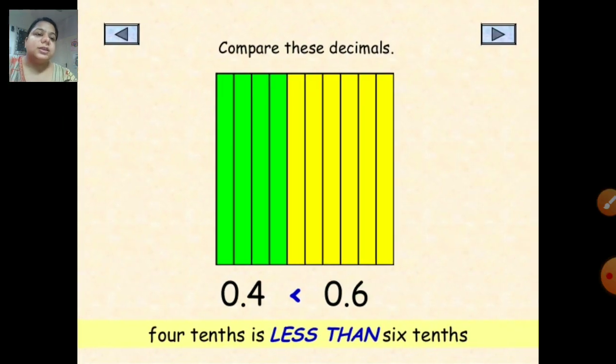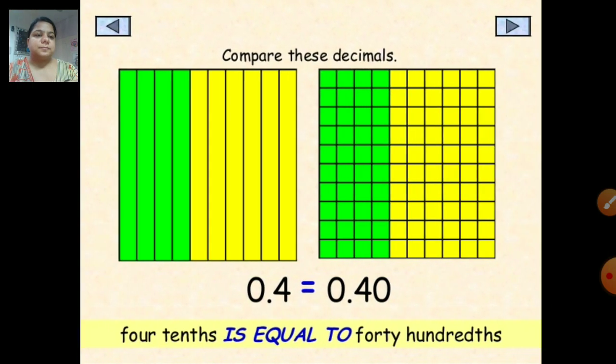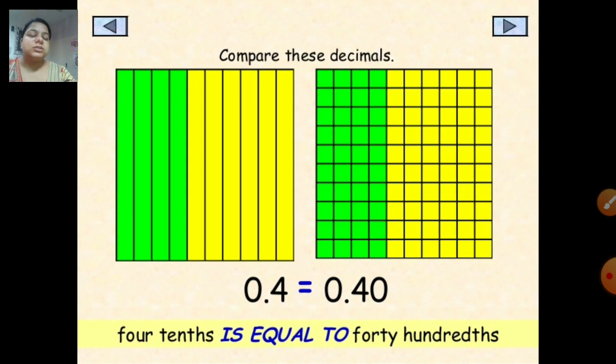Now we can compare decimals as well, 0.4 and 0.6. Which one is greater? You can compare the tenths part first after the decimal. We know how to compare whole numbers; after the decimal we can compare in the same way. So 0.4 is less than 0.6. Now compare 0.4 and 0.40.